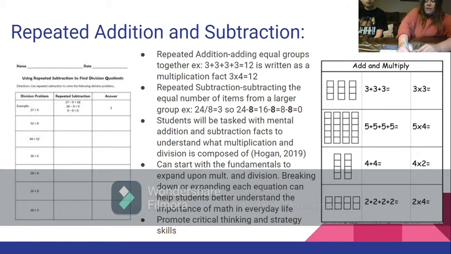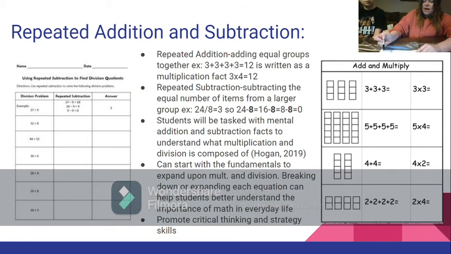So if we were to have 24 divided by 8, we would then take 24 and subtract 8, which equals 16, and then subtract another 8, equals 8, and then subtract another 8, equals 0.